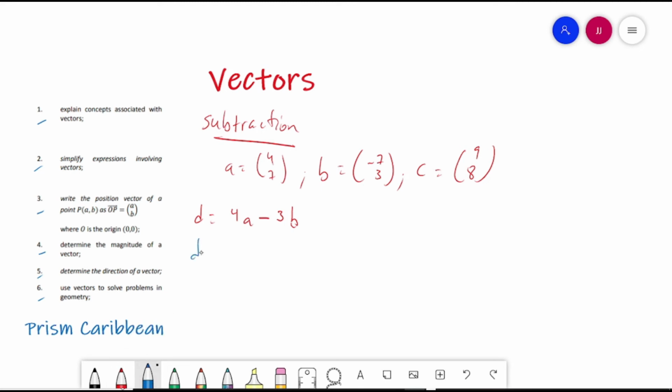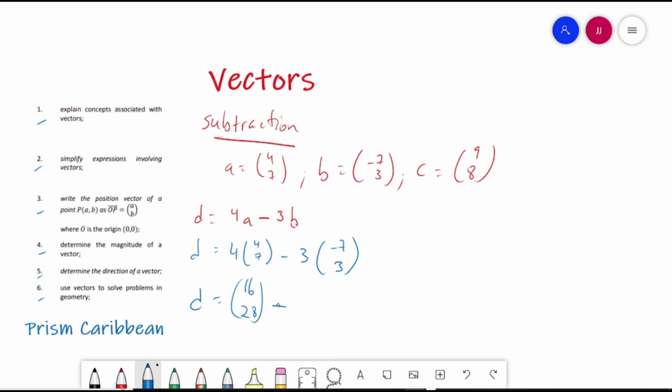We follow the same rule as with vector multiplication. So we have 4 times A, which is (4, 7), minus 3 times B, which is (-7, 3). So D is equal to 4 times 4 is 16, 7 times 4 is 28, and in this case negative 3 times negative 7.